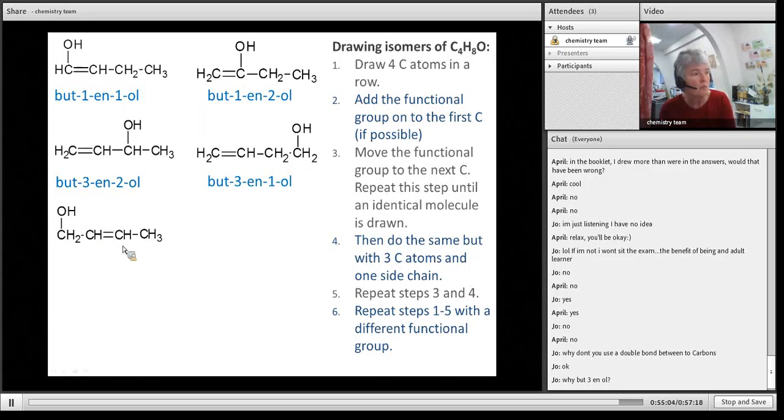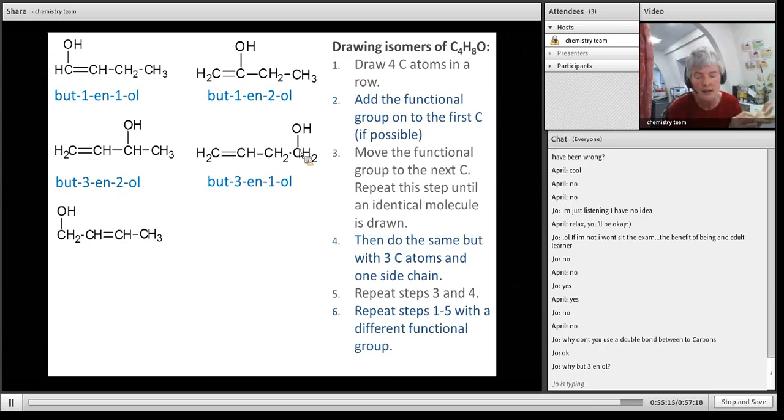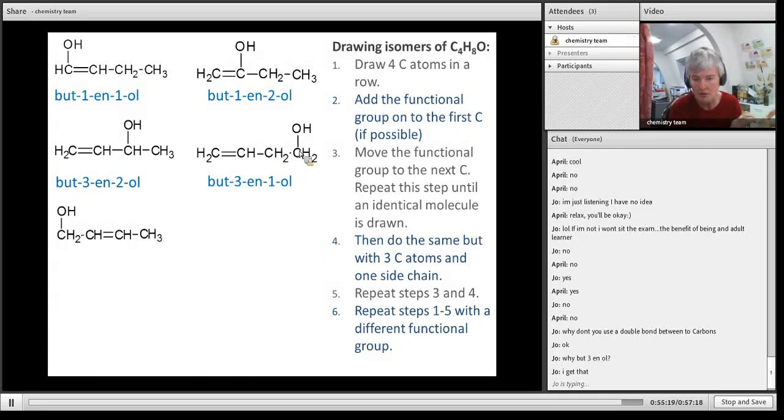Why but-3-ene-1-ol? Because the OH is the dominant functional group. You do need to learn the order. It's the carboxylic acid derivatives, and then you go down to the aldehydes and ketones. But why the ene?